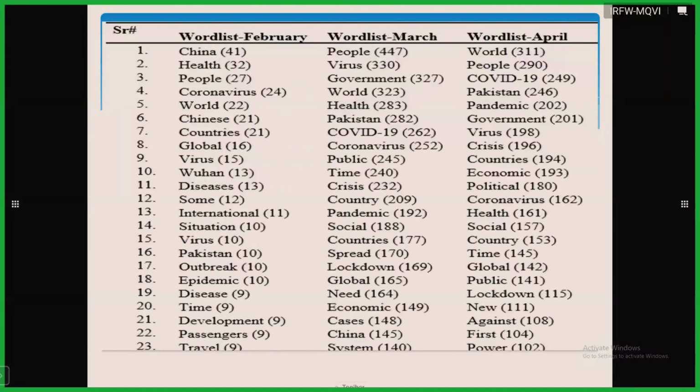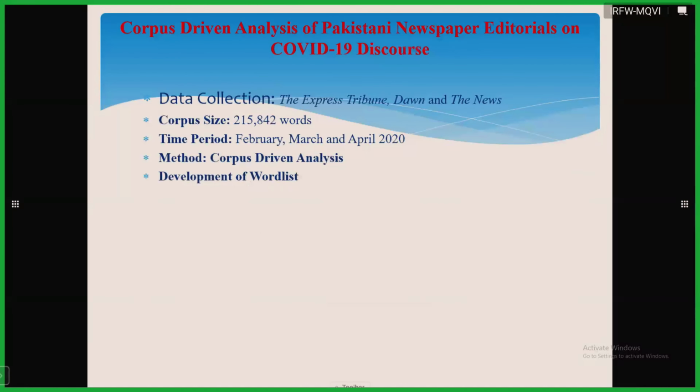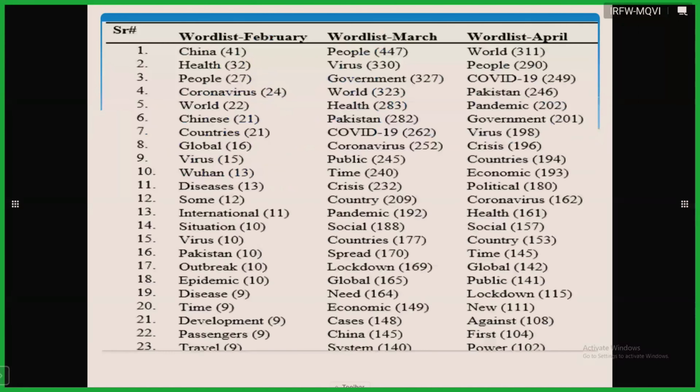Now, as I already told you, this is the word list that we have compiled by collecting this data. When we compiled the data, we extracted a word list by using software. You can see here there are three columns.